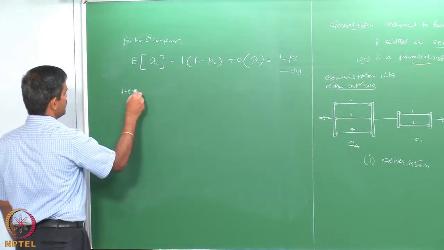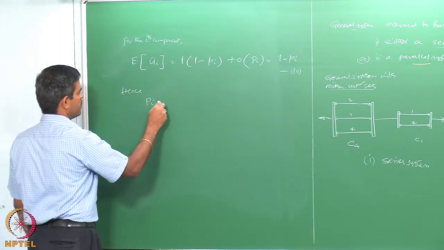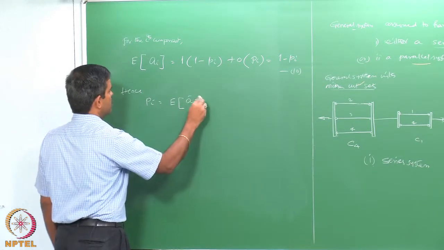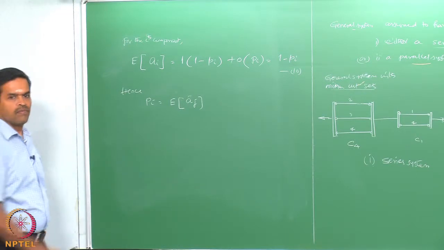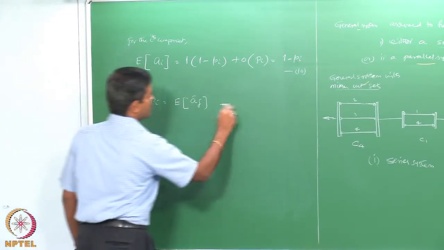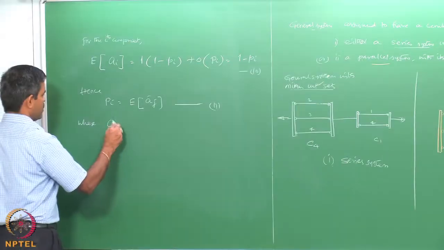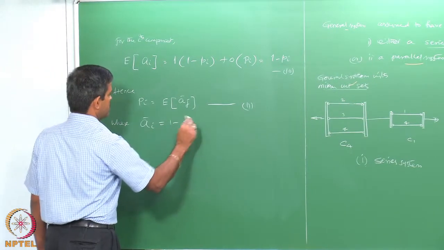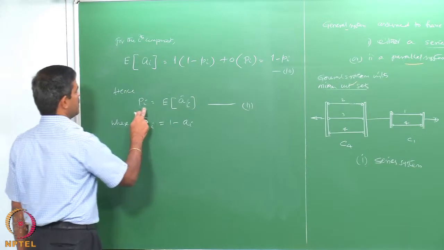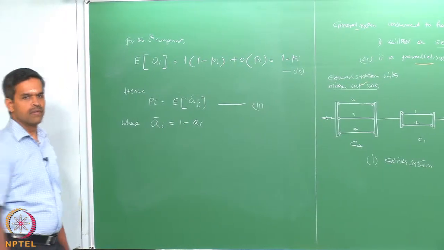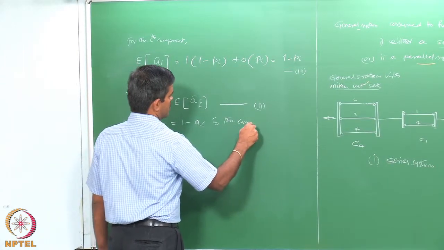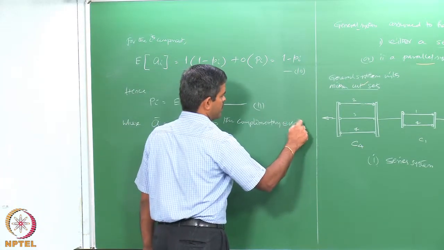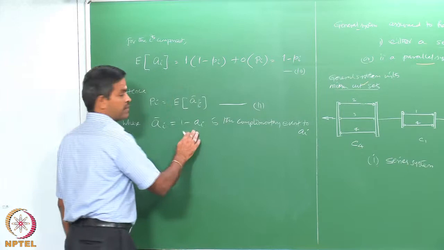Hence, Pi is the expected value of A bar i, where, equation number 11, A bar i is 1 minus Ai, the complementary event. It is 1 minus Ai.